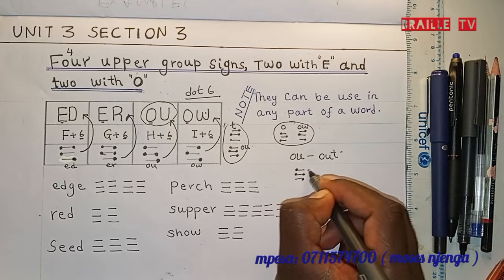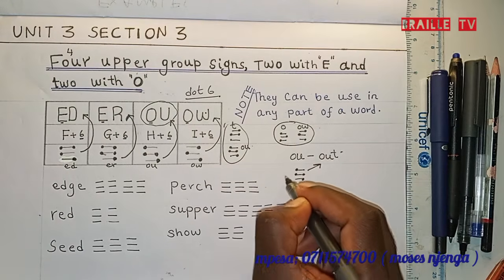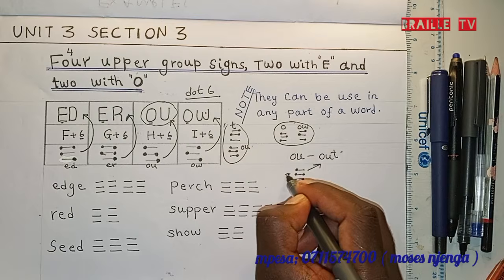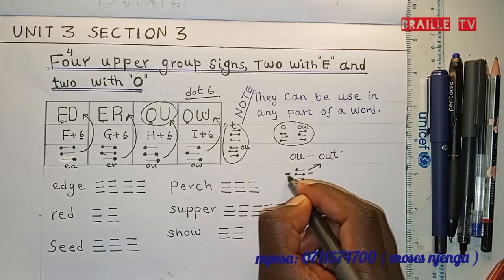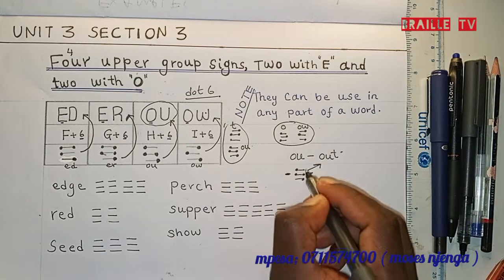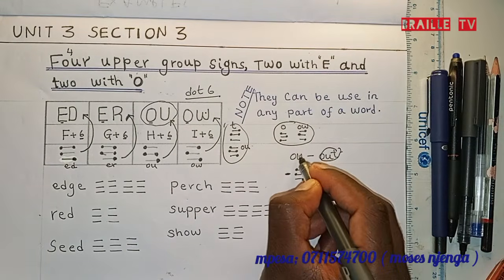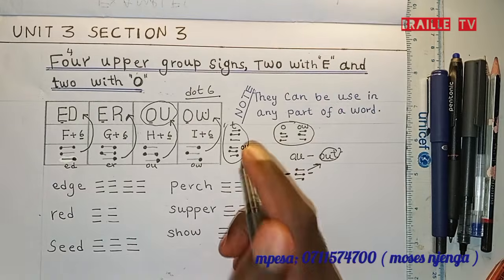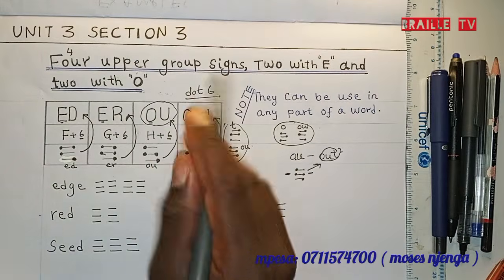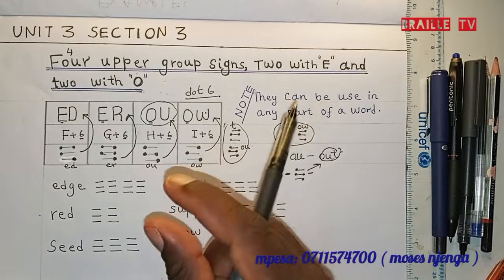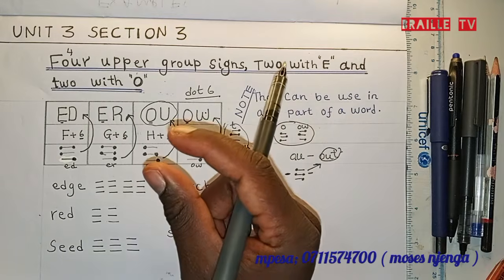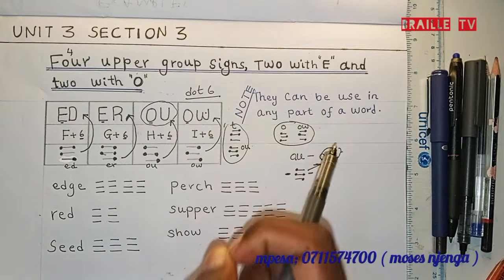So this stands for out when it is standalone, followed by a space and preceded by a space. Okay? It stands for the word out. So this means OU is the only group sign under these 4 group signs that can be used as a word sign, or used to represent a whole word.